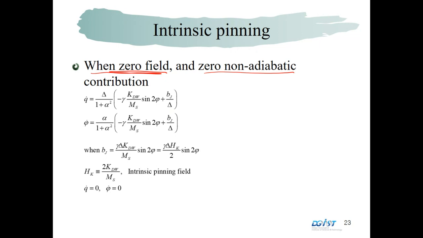So in this case, when Bj satisfies this relation, this term goes to 0, right? So we have y that is 0. But in this case, these terms are exactly the same, so equal to 0.